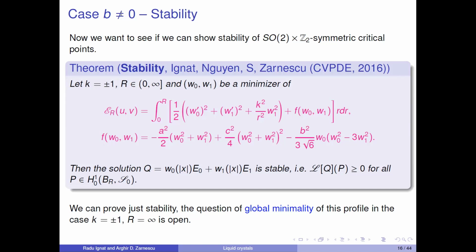Okay. So if you take these two components to be a minimizer of this reduced energy functional, and here it should have been W0 and W1, not U and B, then you see that the matrix solution made up of these two components is stable, for all B which are just in H10.